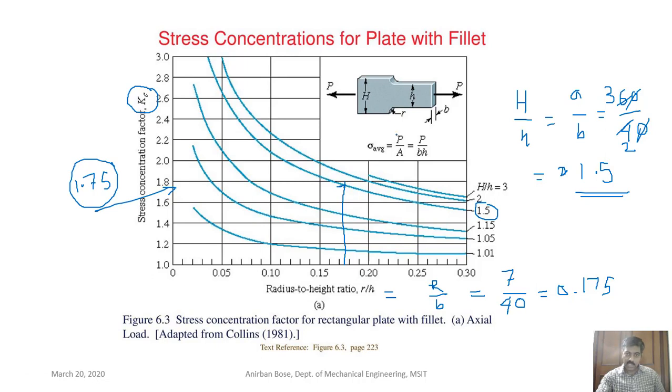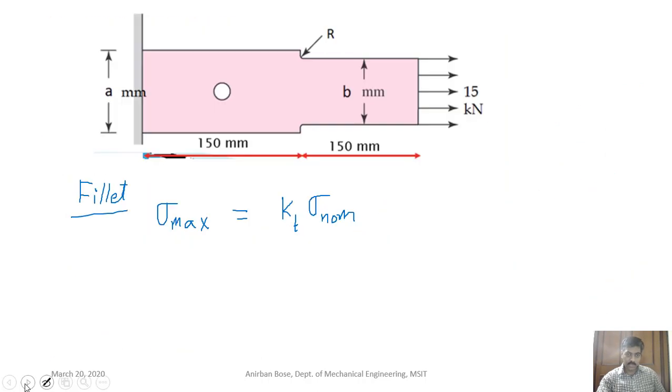Here you can see that sigma average is considered as P by B into H, where H is the smaller cross-section dimension, and B is the thickness, perpendicular to the screen. That is used to find the nominal stress. Average stress is nothing but the nominal stress. So we'll also do the same.